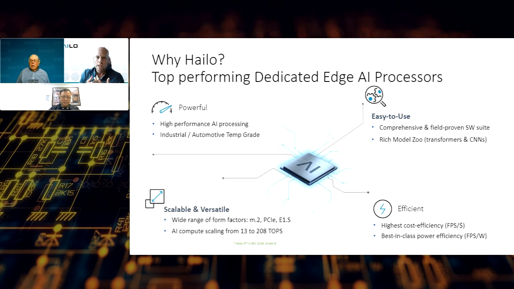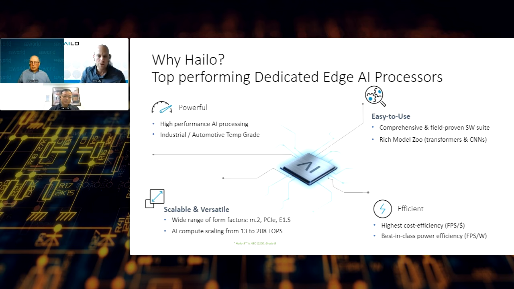So from just a straight AI performance perspective, we have solutions starting at 13 TOPS, going up to 208 TOPS and beyond, to give you a ton of capability for smaller workloads, smaller number of cameras, up to dozens of cameras or hundreds of cameras. So you've got a lot of AI to work with.